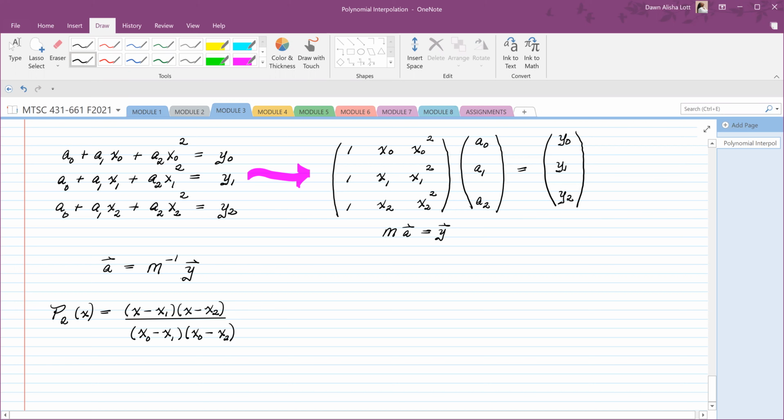And that turns out to be very simply what a0 is. Let me be careful, I'm not writing it the way it was, I'm writing it in a new form. So I have that, and that multiplies y0.